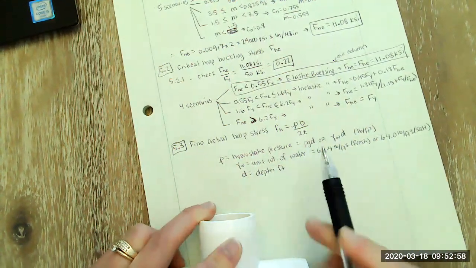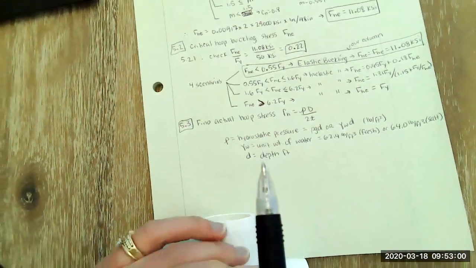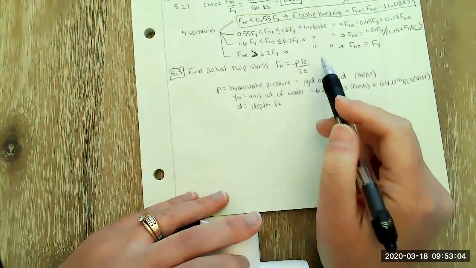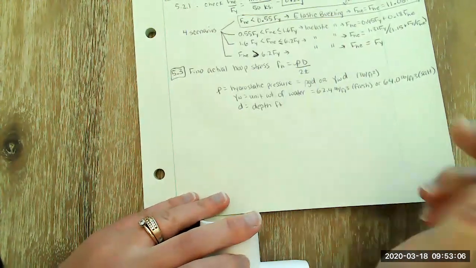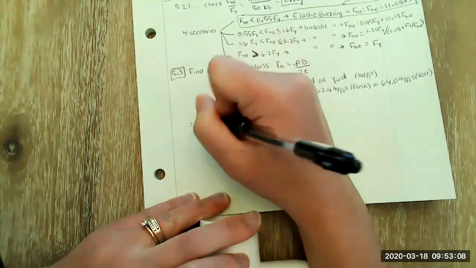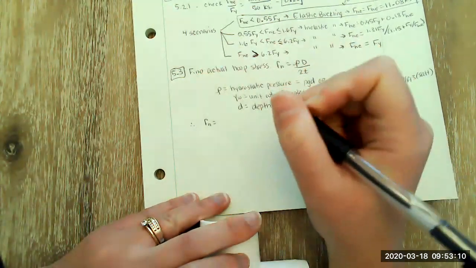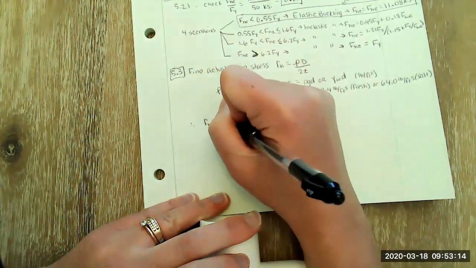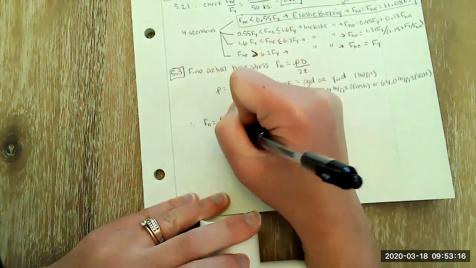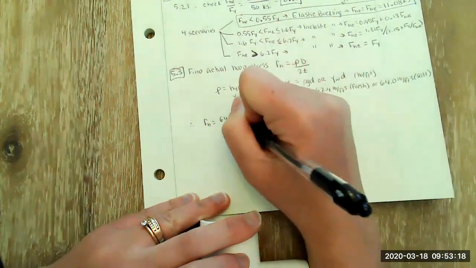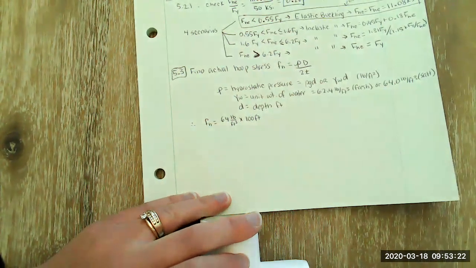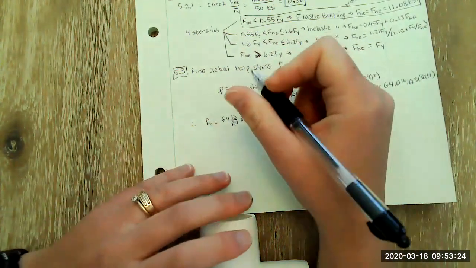This becomes a bit of an exercise in unit conversion, because we have inches, pounds per foot squared, and we want it in kips per square inch. So calculating my actual hoop stress, I have gamma W, 64 pounds per foot cubed, times my depth of 100 feet, from the problem definition.